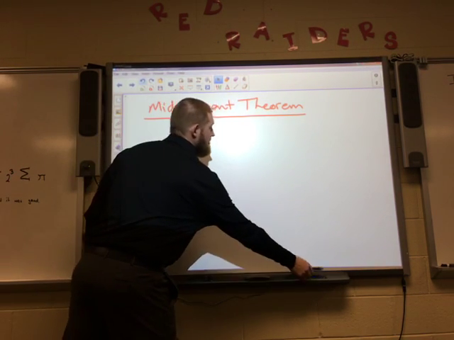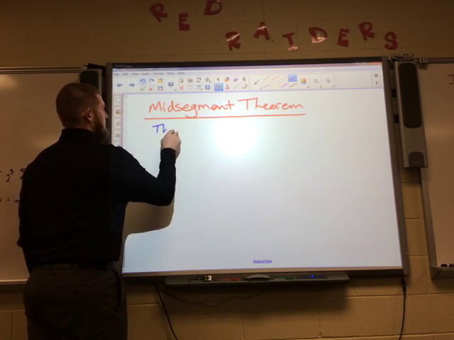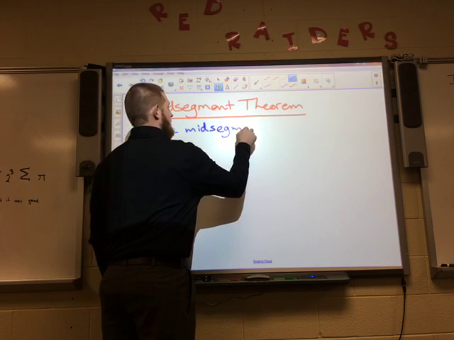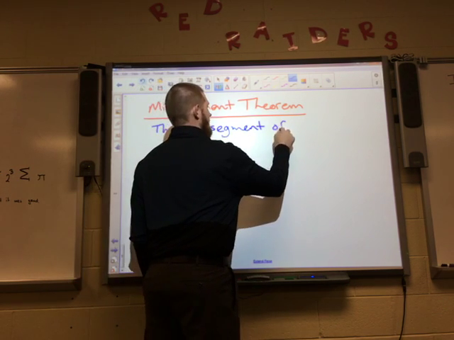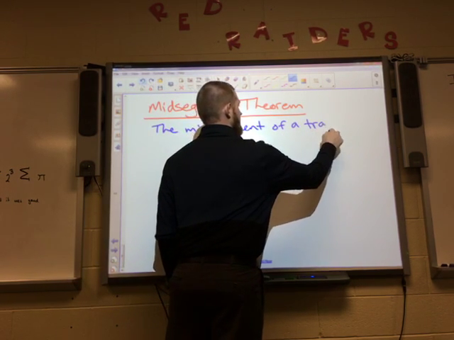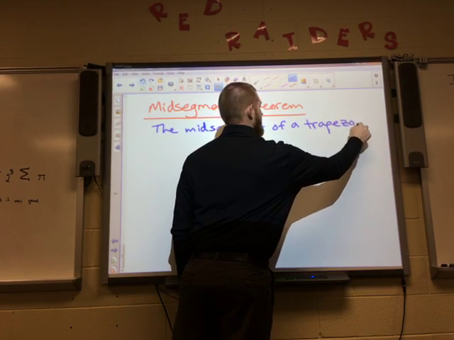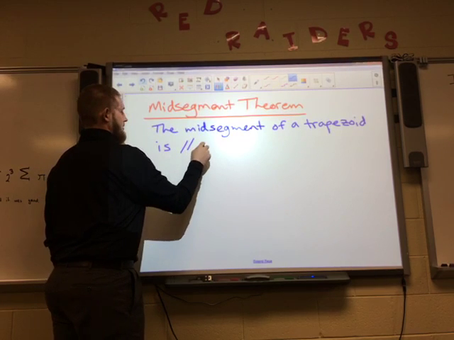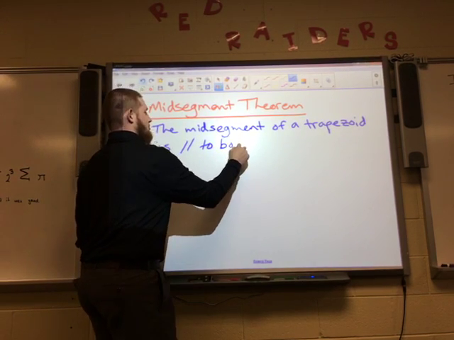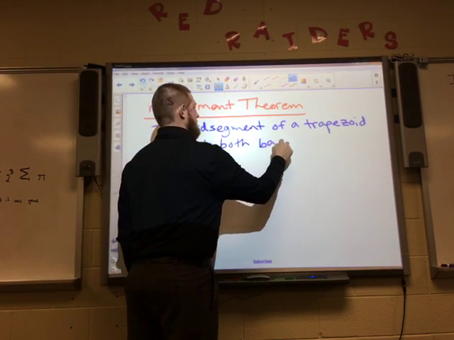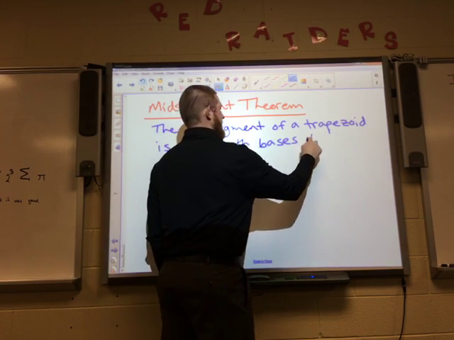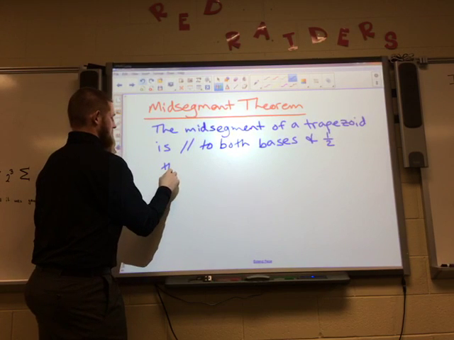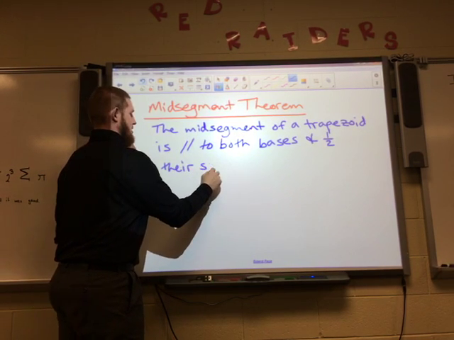Which tells us the mid-segment of a trapezoid is parallel to both bases and 1/2 their sum.